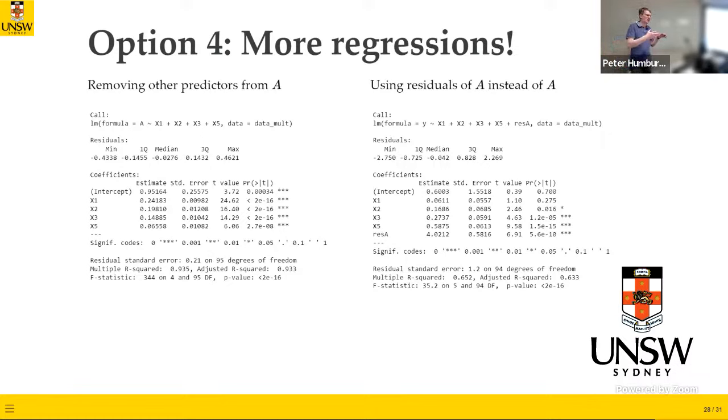It's the part of A that's not explained by the other predictors in the model. And in practice, you probably don't know what that actually is, right? So again, you end up with a variable in your model that you don't quite know what to make of.